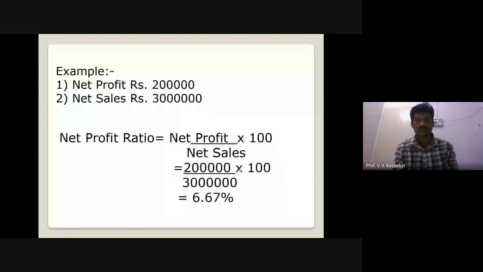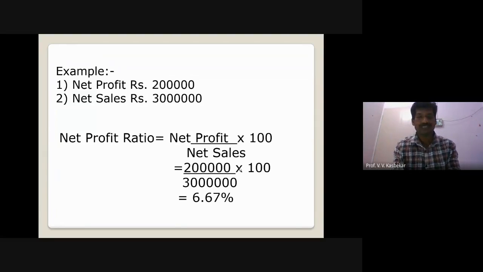So here we can see one more example about net profit ratio. If net profit is rupees 2 lakhs and net sales is rupees 30 lakhs, then the net profit ratio is equal to net profit divided by net sales into 100.